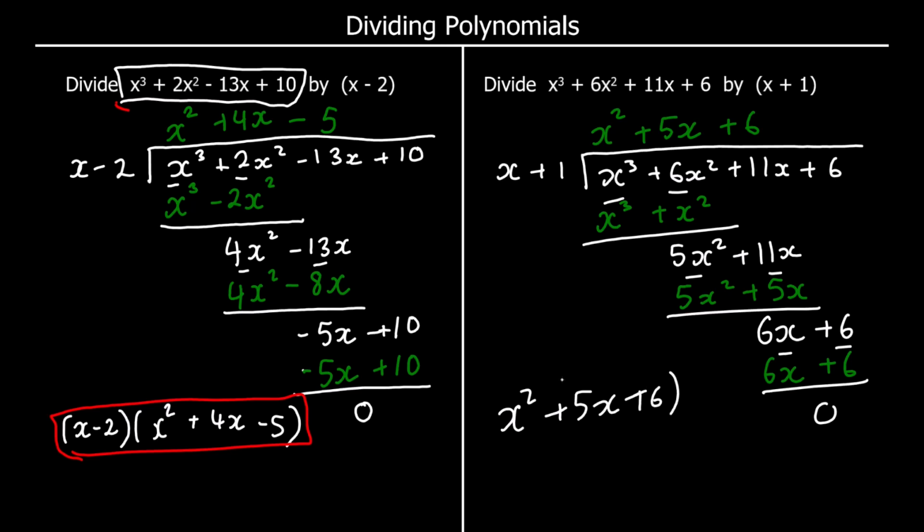That's what we're left with. So that's the answer. And remember, that means that we can say that x squared plus 5x plus 6 times x plus 1 equals x cubed plus 6x squared plus 11x plus 6.